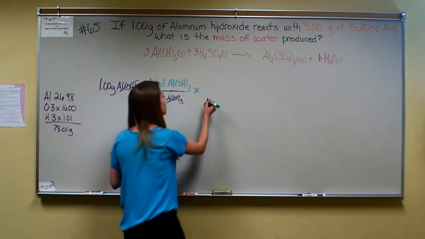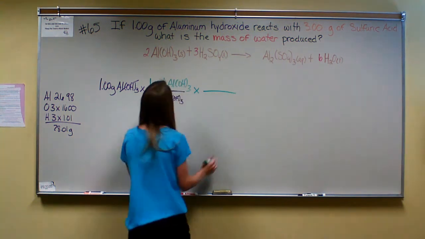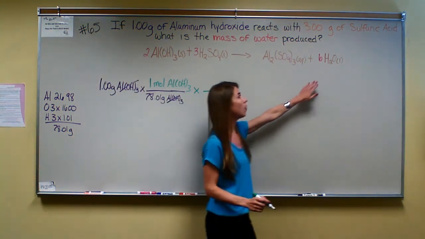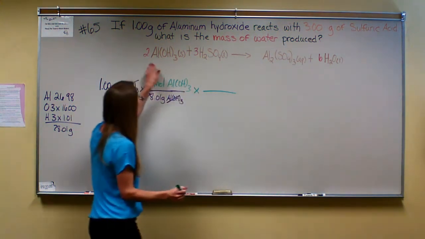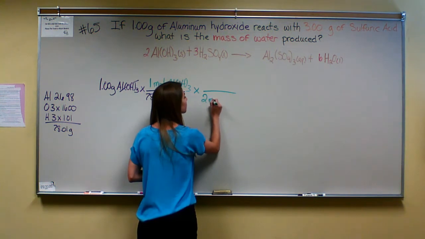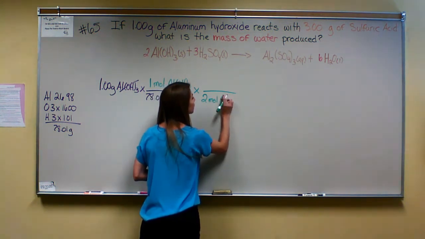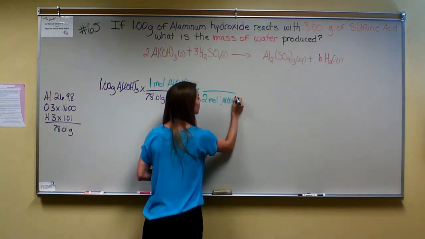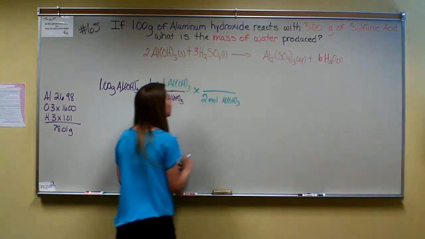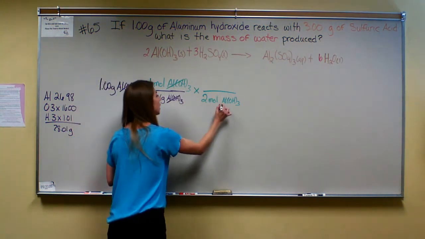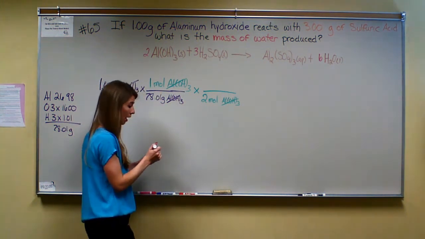We're going to do that by comparing the ratio of moles of aluminum hydroxide to our moles of water. We see here that we have 2 moles of aluminum hydroxide. And up top, once again, we want these to cancel out, so we know that this needs to be the numerator.